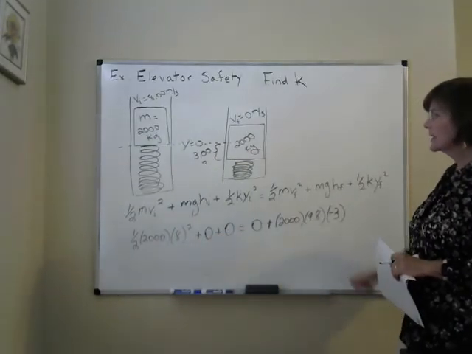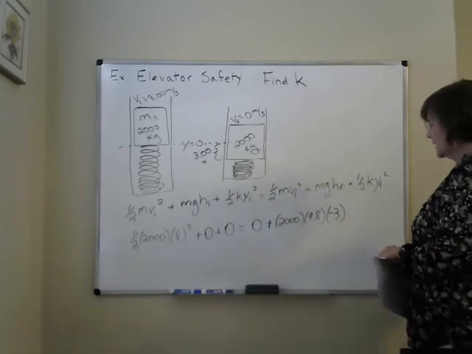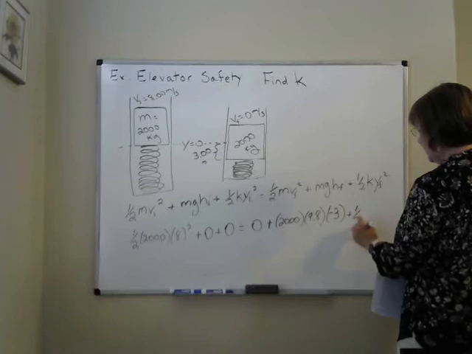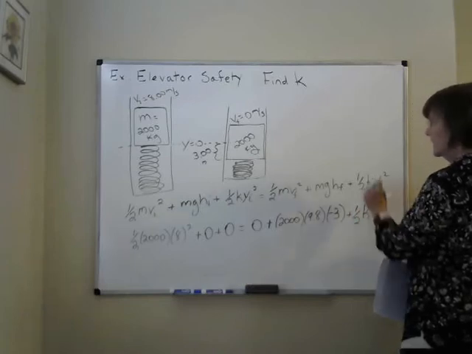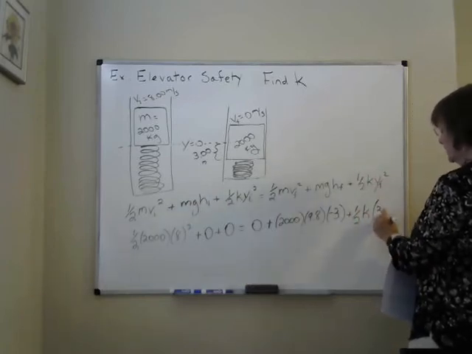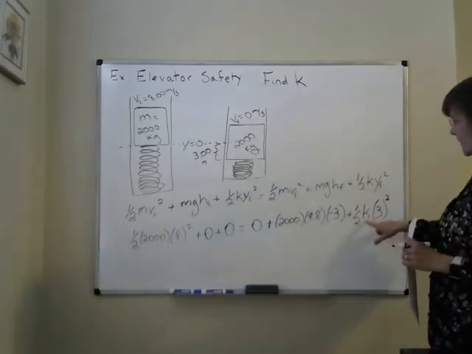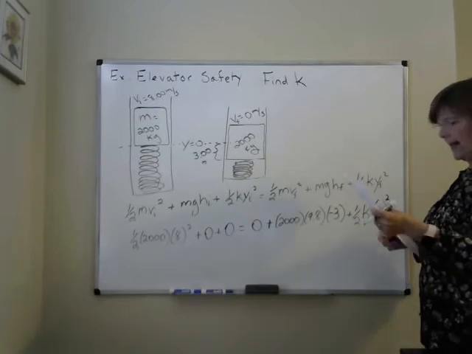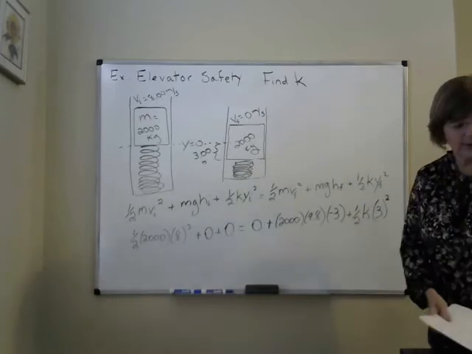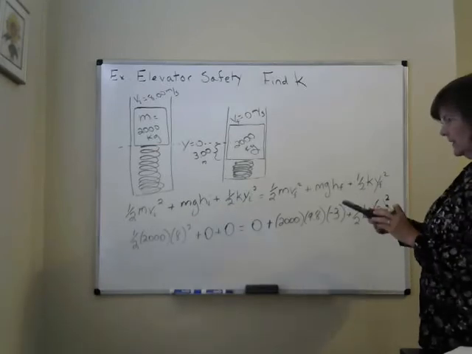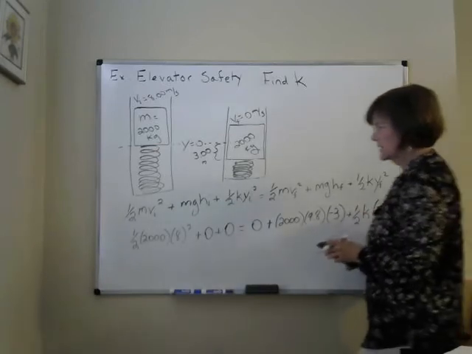And then finally, our spring is compressed. So that is going to be 1/2 K that is compressed 3 meters, 3 squared. We know every single thing except for that K. So actually working it out will not be terribly difficult. If I do that, it's going to be 1,000 times 64.